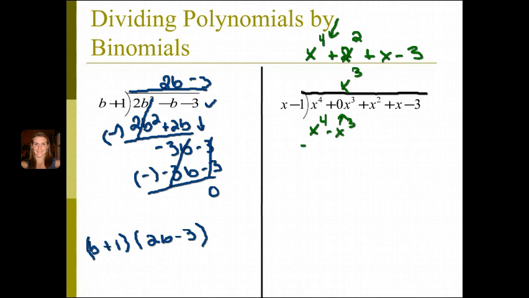We're going to subtract, and our x to the 4th cancels, and 0 minus negative 1x is x cubed. Bring down our x squared.